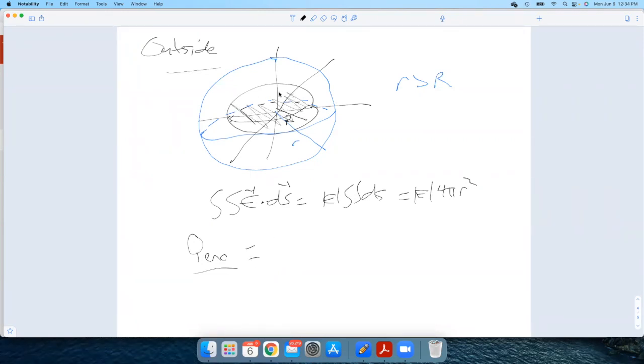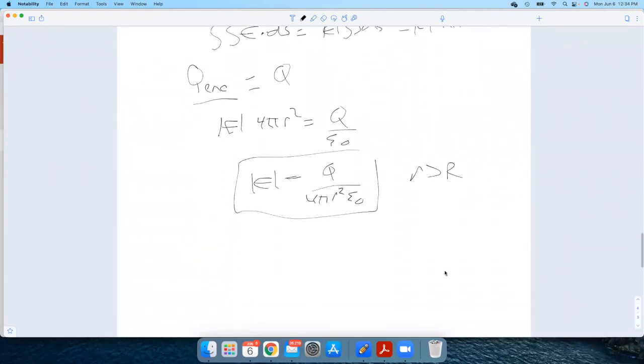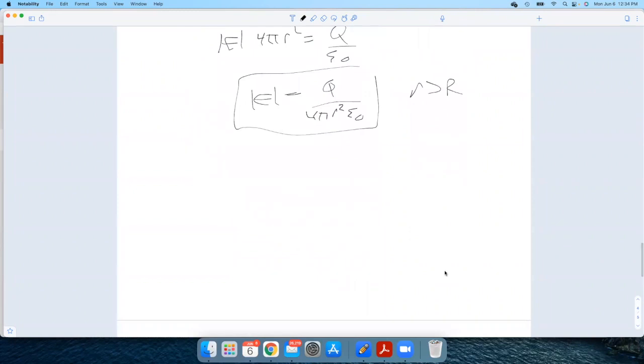The charge only lives right there. All the charge lives in there. I know how much is in there. It's Q. So we put these two sides together: Q over epsilon naught. And we get magnitude of E equals Q over 4 pi r squared epsilon naught. That's for r greater than R. Okay, so that's the sphere. We should point out here the vector E in both cases points radially out.